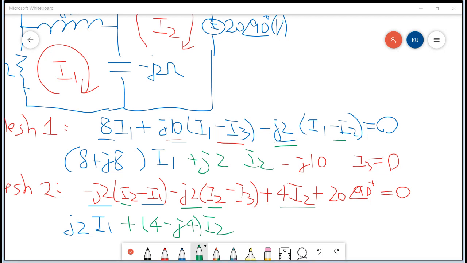And then for I3, only this one, so plus J2 I3.